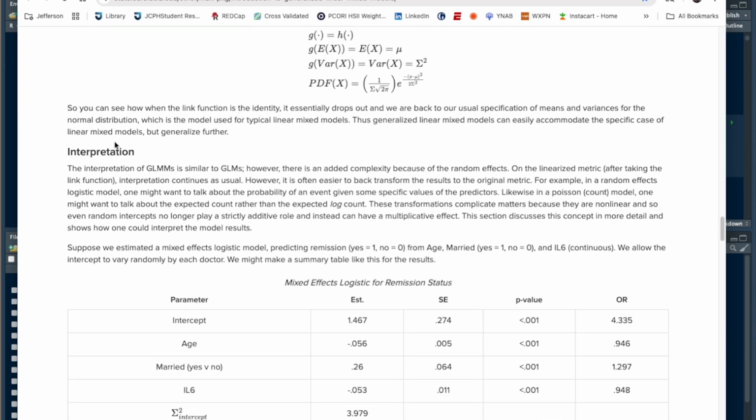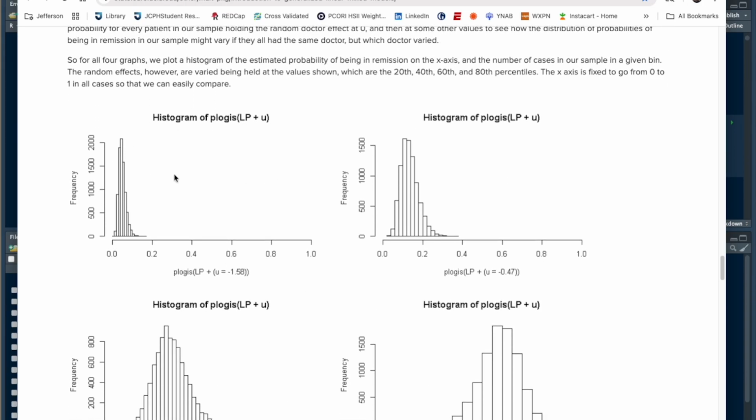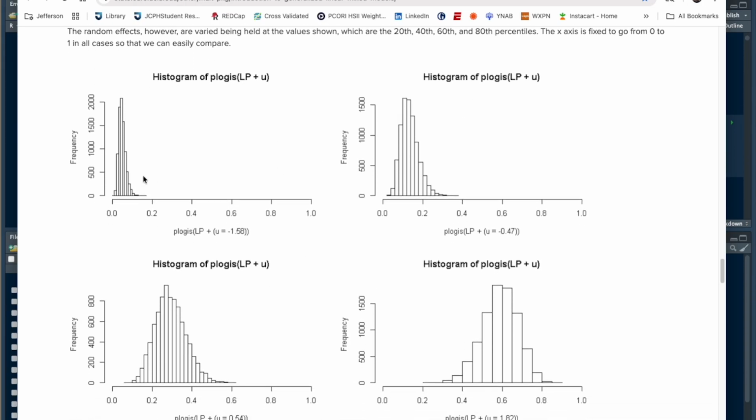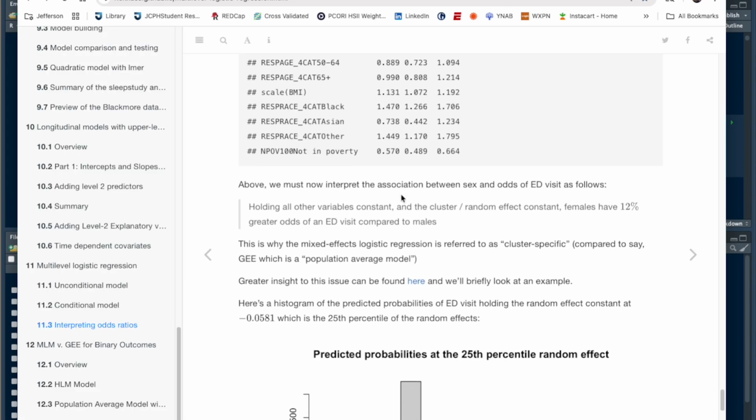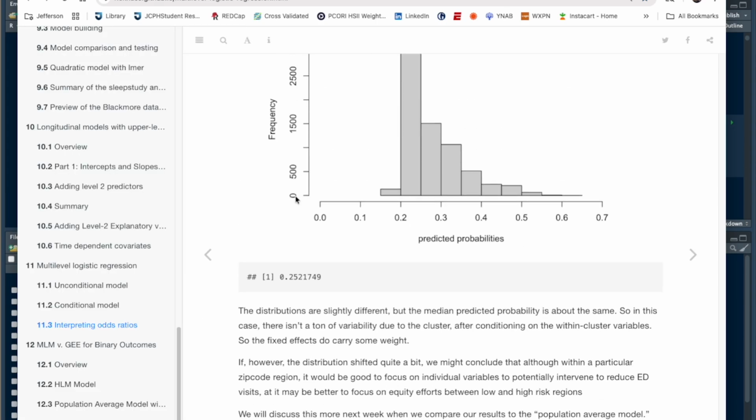If you look at the interpretation part of this example, you will see that as the random effect changes, we can see how the distribution of probabilities change substantially in this data set. So I urge you to take a look at that, and next week you'll have more time to practice it.